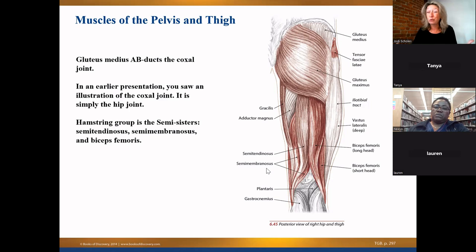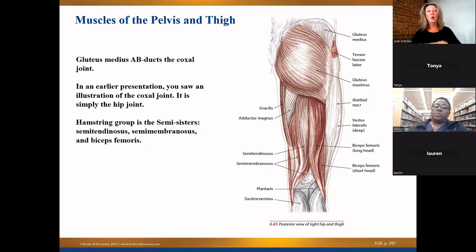Those are just memorization. Those are 3 muscles you actually do need to know. Not necessarily how to spell them, because I couldn't spell them, but that they're part of the hamstring group. Remember those hammies go all the way up and attach at the ischial tuberosity. We'll see that. We have a little piece of the gastroc here. The gastrocnemius is the calf muscle, that heart-shaped calf muscle.